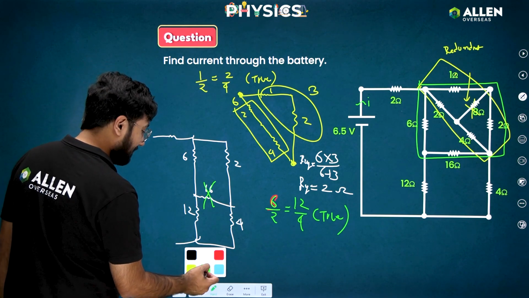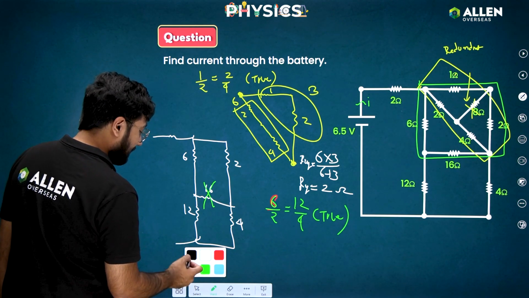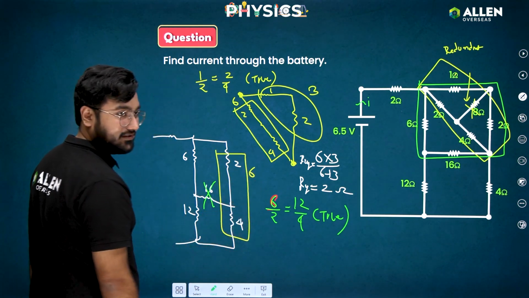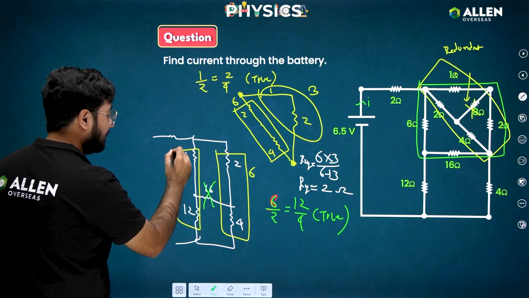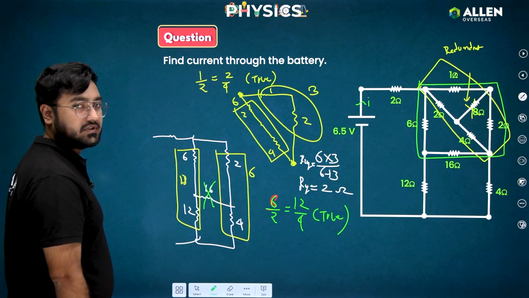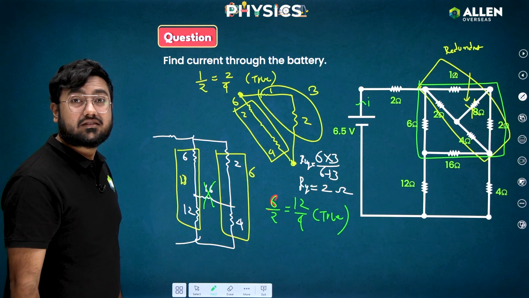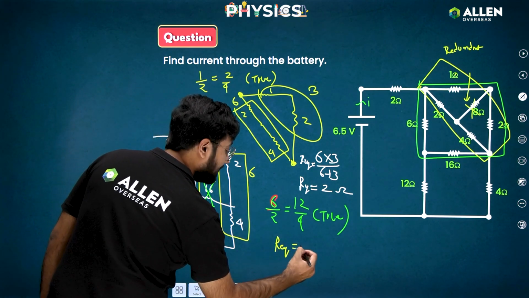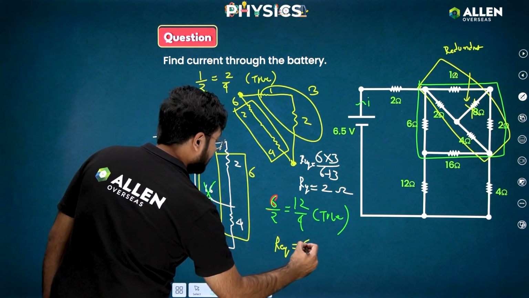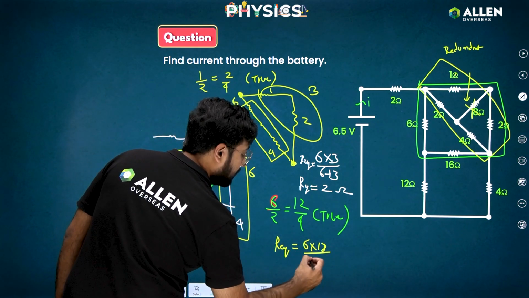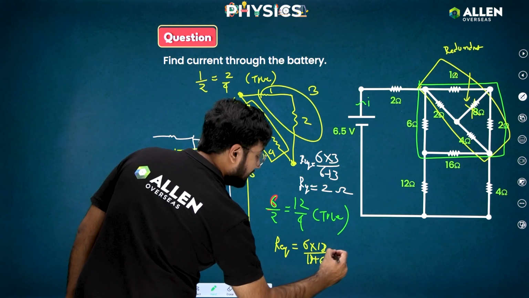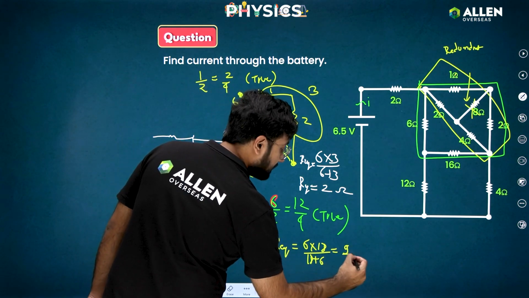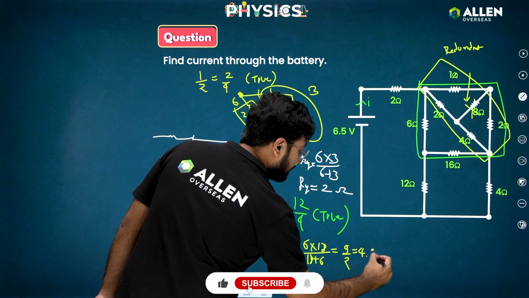Now from here, these two are in series, giving 6. These two are in series, giving 18. And these two together are in parallel. So R equivalent will be 6 into 18 over 18 plus 6. This is 108 by 24, or 9 by 2, or 4.5.